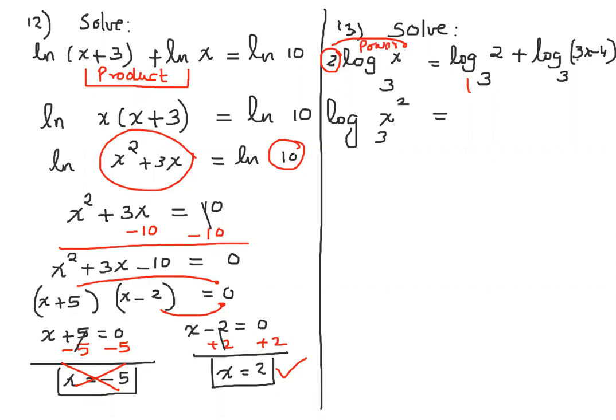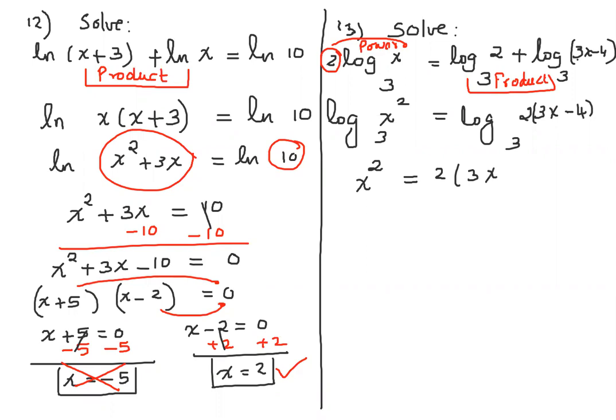Here it's plus, so we're going to apply the product rule. So it's going to be log of 2 times 3x minus 4 to the base 3. So we have the same base, so we can drop the log. We are going to say x squared equals 2 times 3x minus 4.